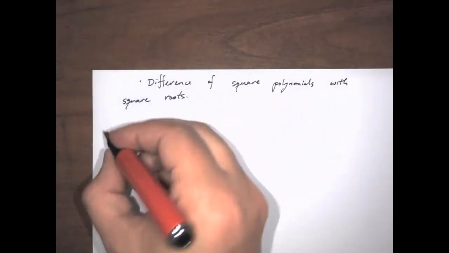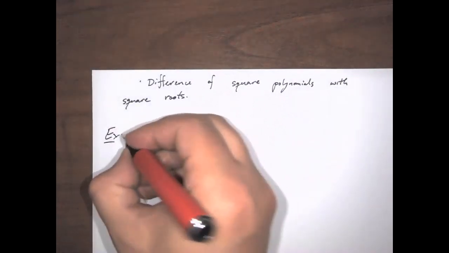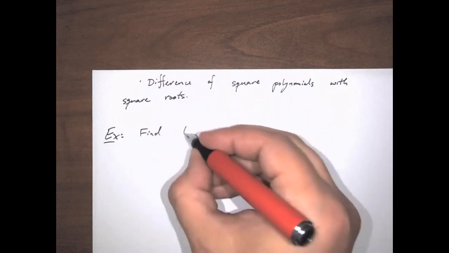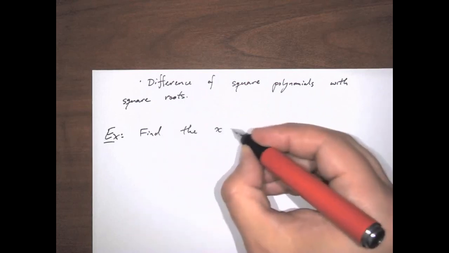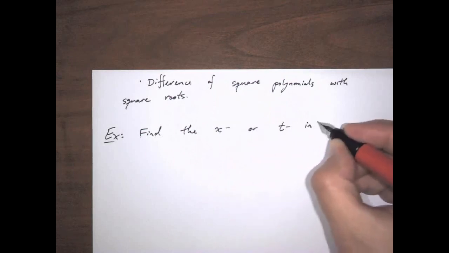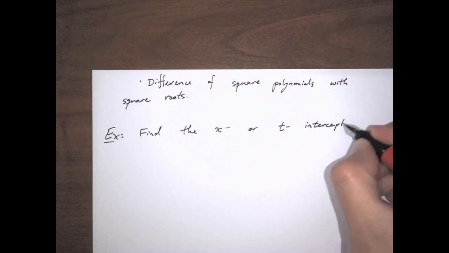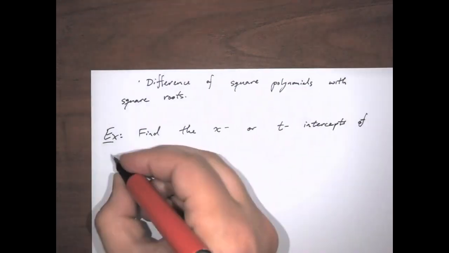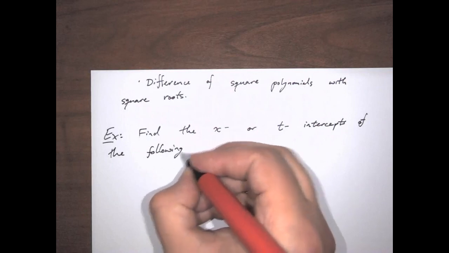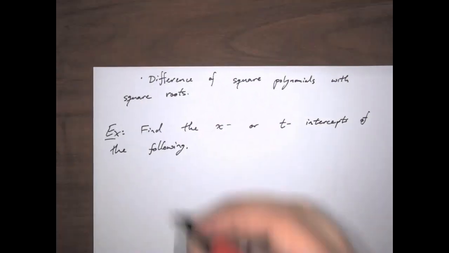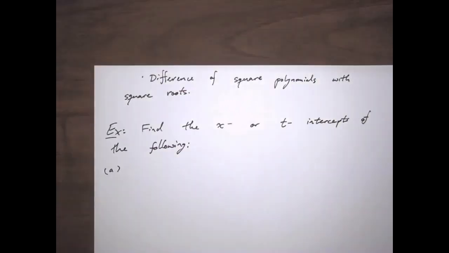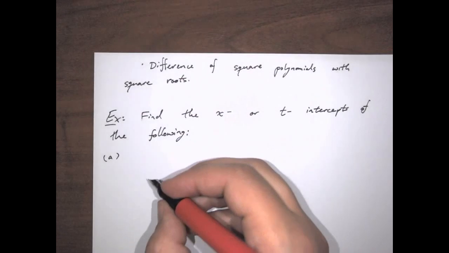But let's try our luck. So find the x or t-intercepts of the following. And for our first example, let's just take on something relatively straightforward.